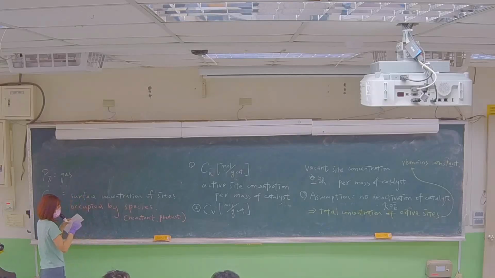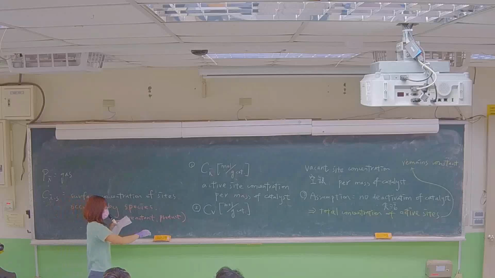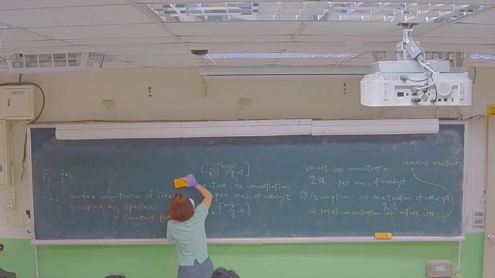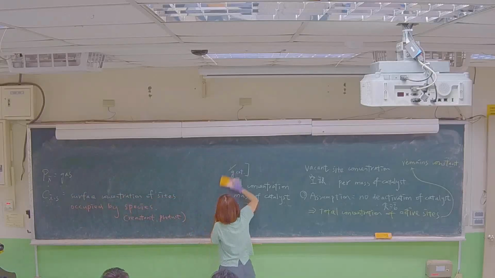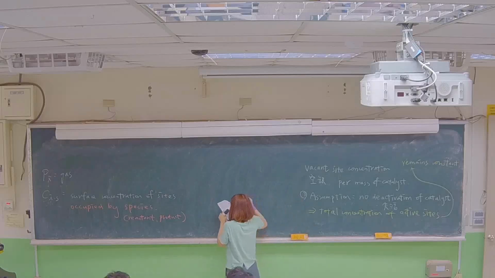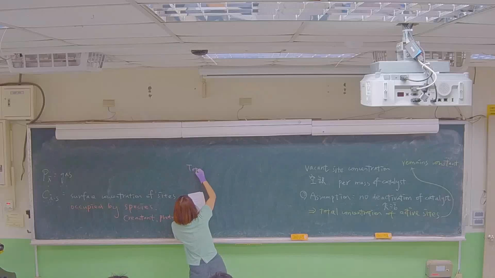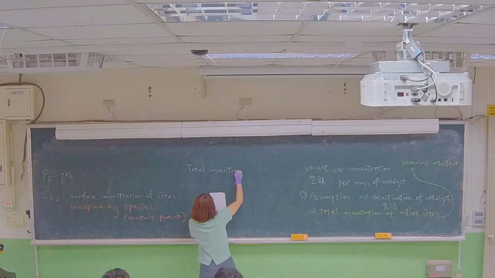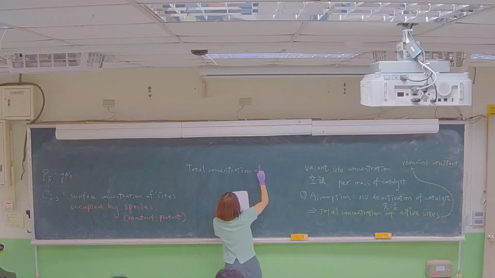Okay, so after defining these parameters, we have an important conclusion. I think you have to write this down, right? The total concentration of sites, or active sites.